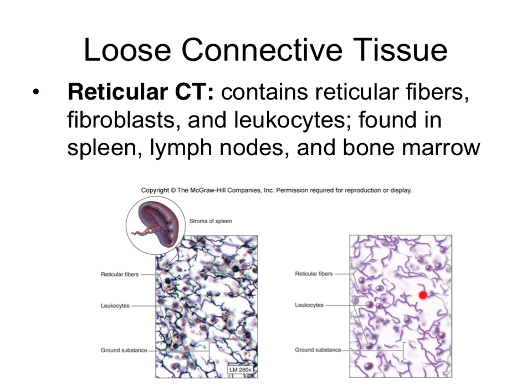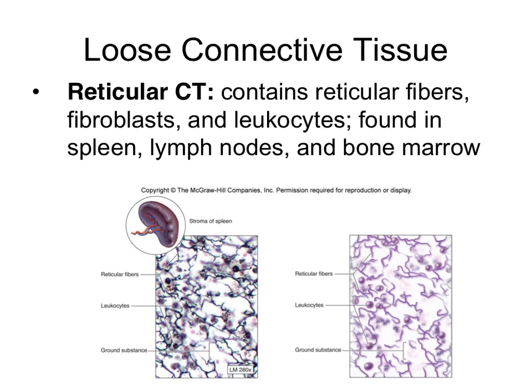It has a lot of ground substance, a lot of fluid, and here are your leukocytes, your white blood cells. But it's not as elastic. It doesn't contain elastic tissues. Okay, so those are the three kinds of loose connective tissue.